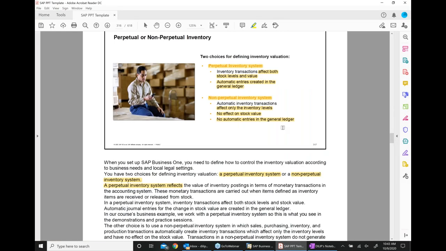Now, what is the non-perpetual inventory system? In non-perpetual, what happens is it affects the inventory quantity: on goods receipt and goods issue, quantity goes up, quantity goes down, but stock value is not affected. This only affects quantity, not value.